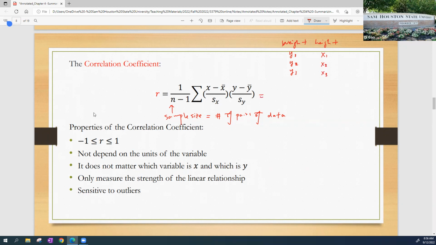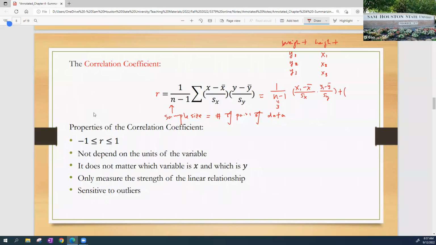So we can expand this formula to 1 over n minus 1. Now 3 pairs means n is 3. And then sum means we plug in different x values and different y values. The first term we have is x1 minus x bar over sx times y1 minus y bar over sy. That's the first term. And plus, right, take the sum.